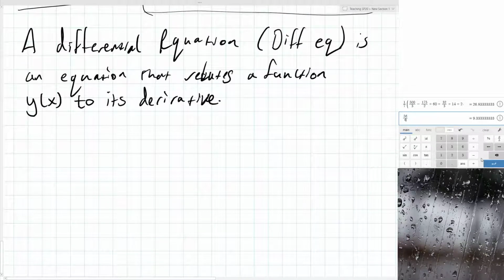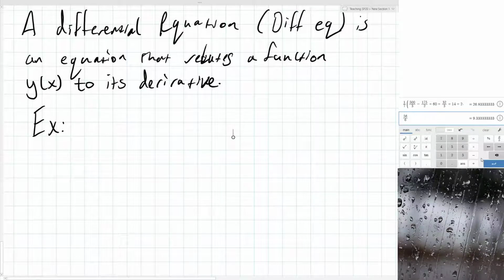So the easiest example of a differential equation, or well, the easiest non-trivial one, and the one that doesn't require any differential equation knowledge to actually solve, you can kind of just make educated guesses, is y prime is equal to y. All right.